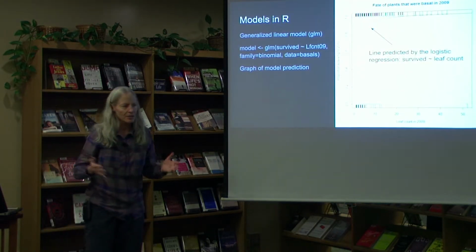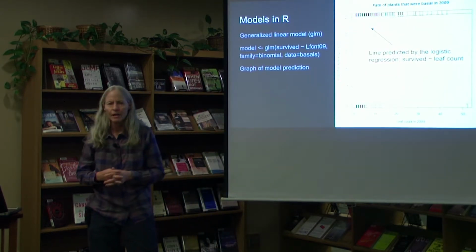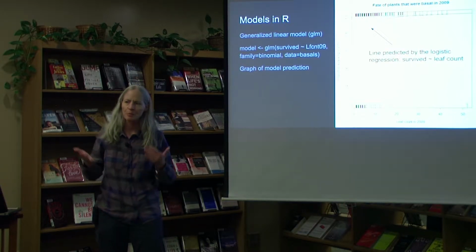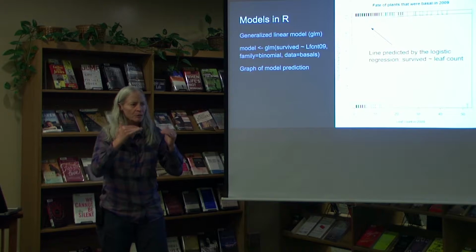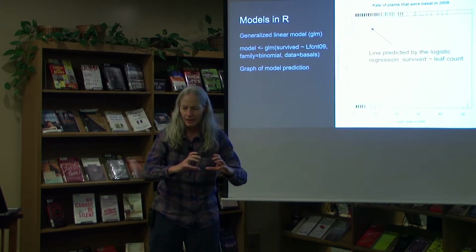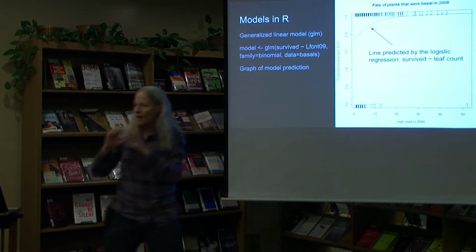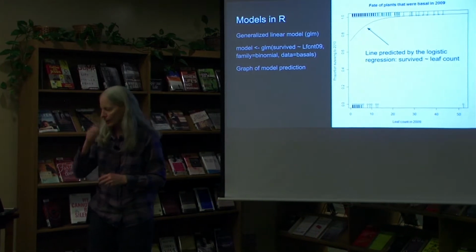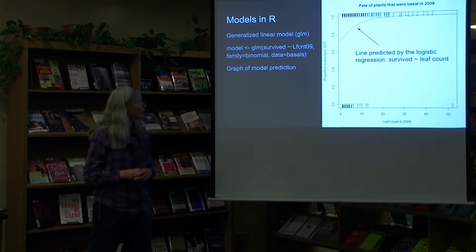And that's where I started using models in R. Actually, I manipulate all my data in R. The thing I love about using R for data manipulation, as opposed to, say, Excel, is that I can keep track of everything I've done. My data file stays unchanged, and I have a record of all the code that I've used to manipulate my data, and I try to take copious notes within the code itself.